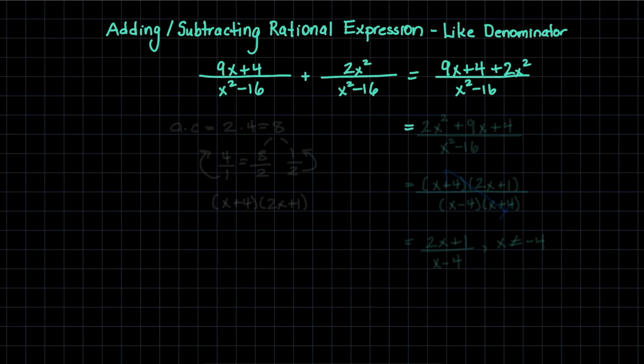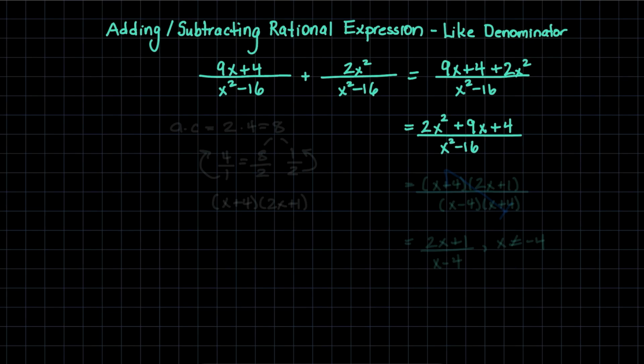The top is not arranged in standard form, so we're going to go 2x squared plus 9x plus 4 all over x squared minus 16.